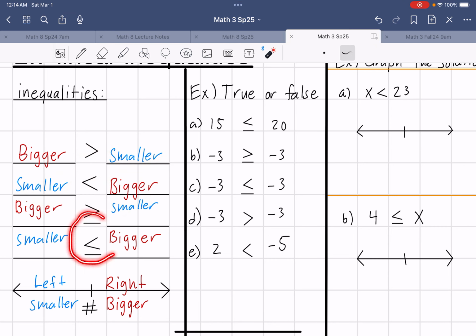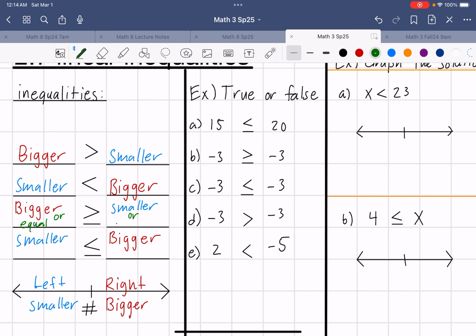Now, these two, again, there is that equal to symbol. So maybe you remember this one technically means bigger or equal to. Same thing with these next two, smaller or equal to.